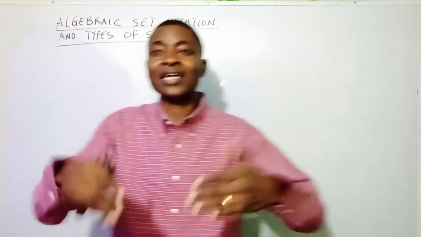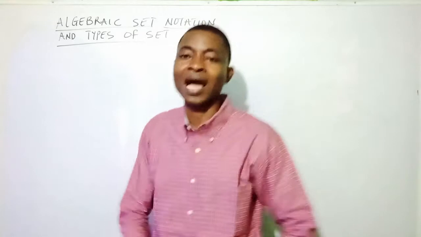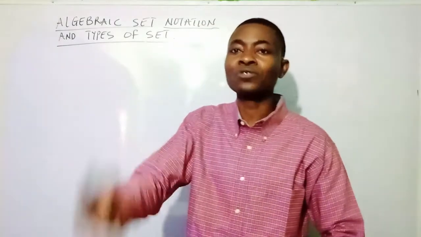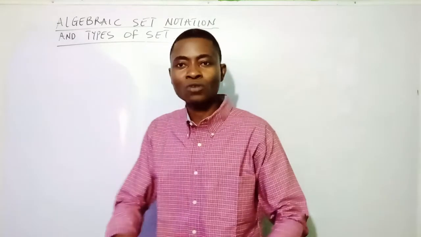It's not in all cases that you see the elements listed out for you in an exam or in a text. Sometimes algebraic notations are used. What do I mean by that?